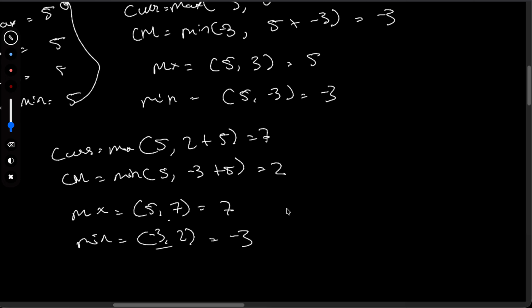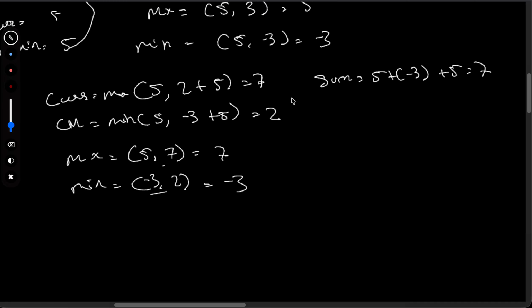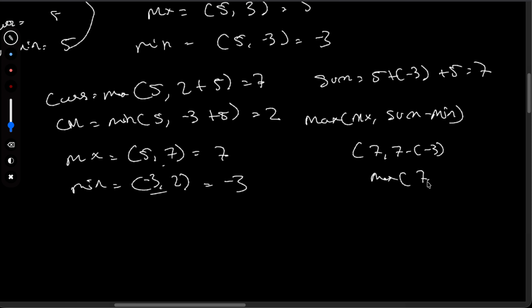Now we apply the formula. Sum equals 5 plus -3 plus 5, so it's 7. Now what do we do? Sum minus min: 7 minus -3 is 10. Now the max function: we call max of 7 and 10, so the max is 10.